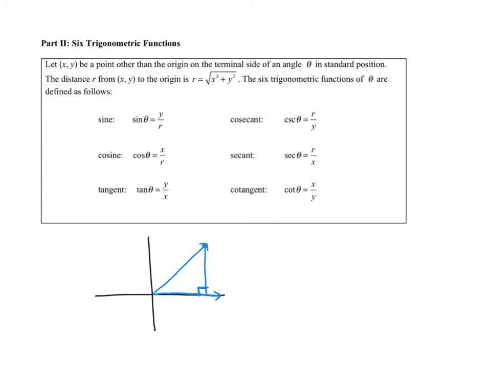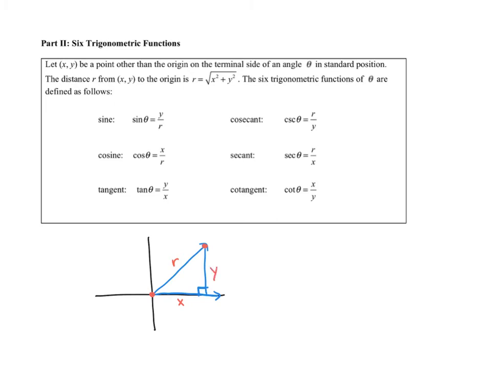So r is going to be the radius, or the distance from the origin to that point. Then we have the x, the horizontal distance, and the vertical leg is going to be y.